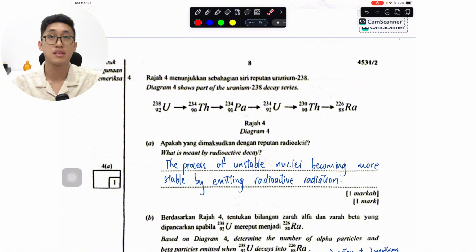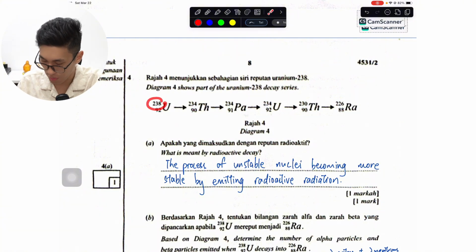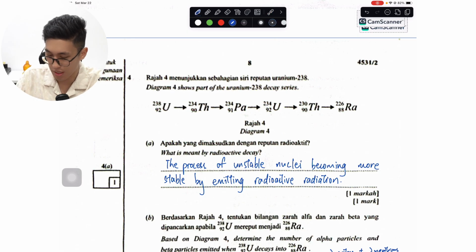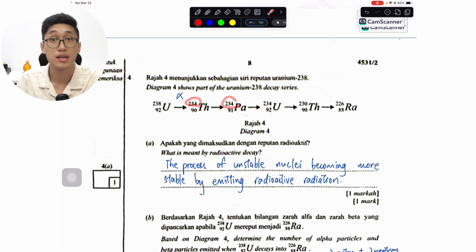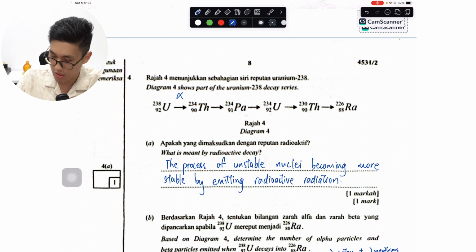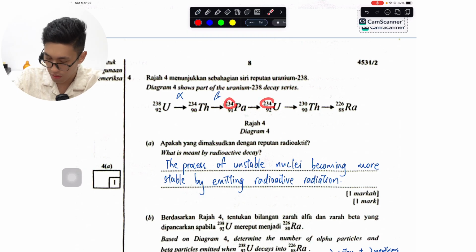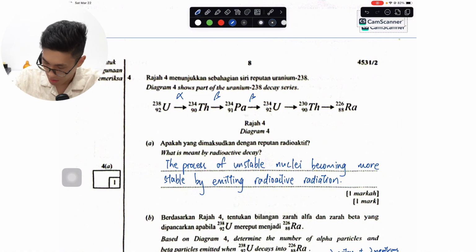Because if the top number is affected, then it must be alpha. So 238 to 234, this must be alpha. Okay? 234 to 234, this one not affected the top number, so this must be a beta. 234 to 234, again, not affected the top number, this is beta.